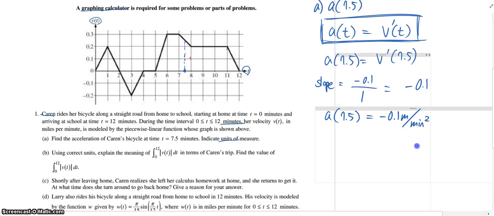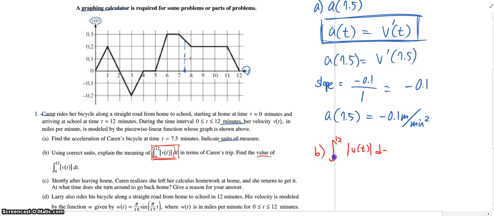Okay, so that was part A. Part B is asking us, using correct units, to compute the value of that notation and explain its meaning. That is the integral of the absolute value of the velocity from 0 to 12.